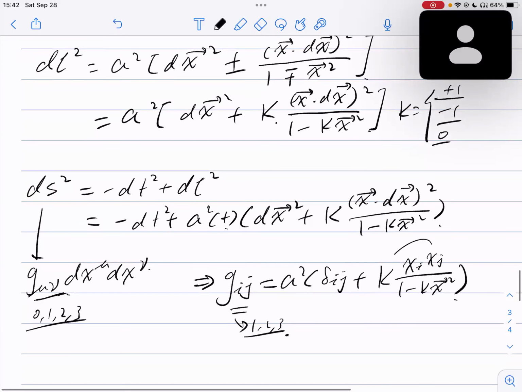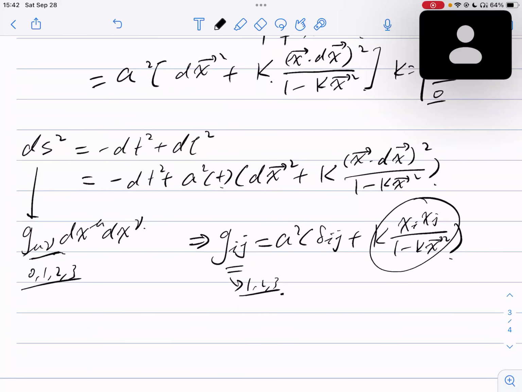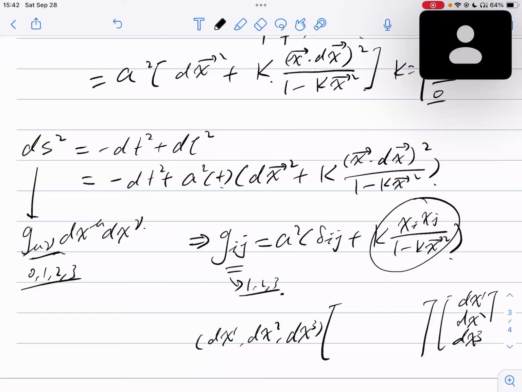I can explain this one in a general way: you can understand it in matrix form. It's just like dx1 to dx3 multiplied by this matrix, and we obtain this one.